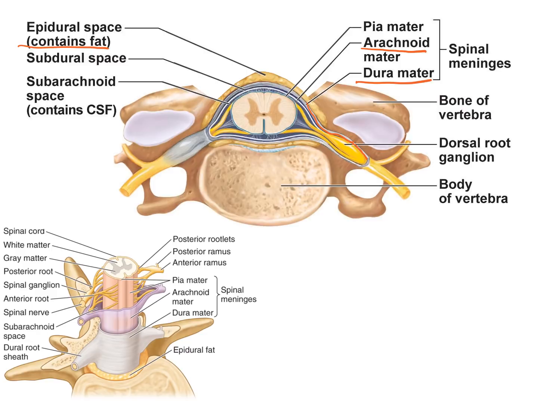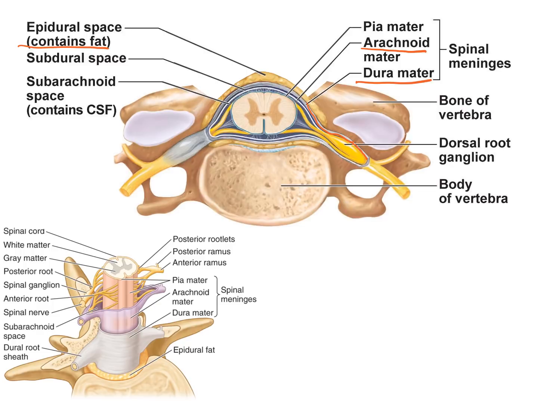In life, the subarachnoid space, just deep to the arachnoid mater, is filled with cerebral spinal fluid that bathes and helps to suspend the spinal cord. While you will not appreciate this in your cadavers, recognize that in life, the pressure of the cerebral spinal fluid in the subarachnoid space pushes the arachnoid mater against the dura mater.